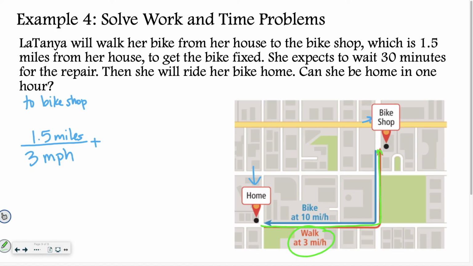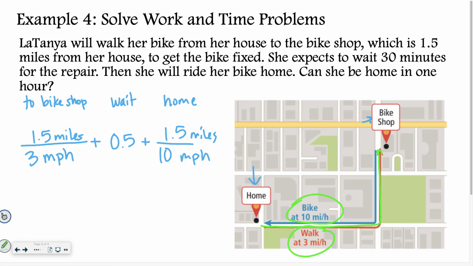Then we have to add in the time at the bike shop, right? The wait, which she said is going to be half of an hour. And then the way home, it's still 1.5 miles, right? But how fast can she travel on her bike? According to the map, she can bike 10 miles an hour.